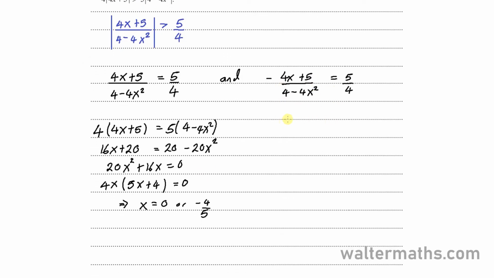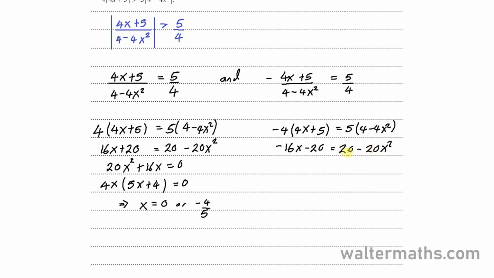Let's also solve for the other one. Cross multiplying, we'll be having minus 4 of (4x plus 5), and that's equal to 5 of (4 minus 4x squared). So that's minus 16x minus 20 is equal to 20 minus 20x squared.